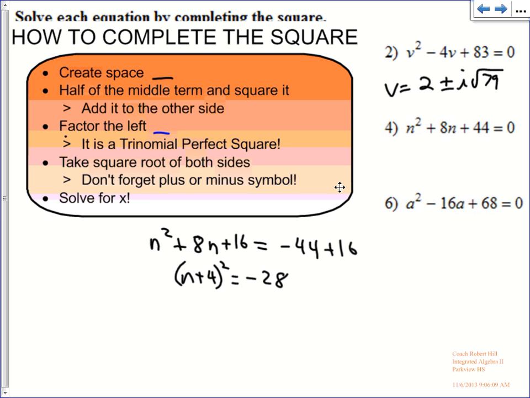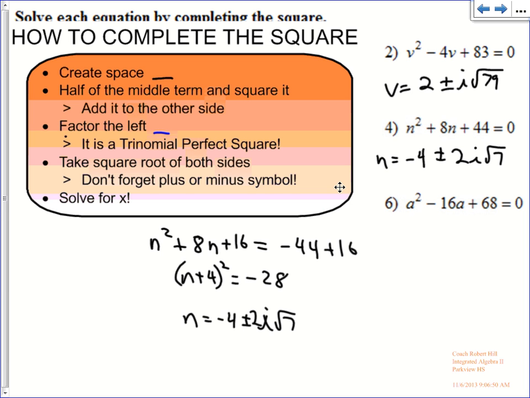I'm thinking it's 4 times 7. So as I'm talking to y'all, what's turning inside my brain is figuring out the square root of 28. So I then write n equals negative 4 plus or minus 2i times the square root of 7. Is that okay?